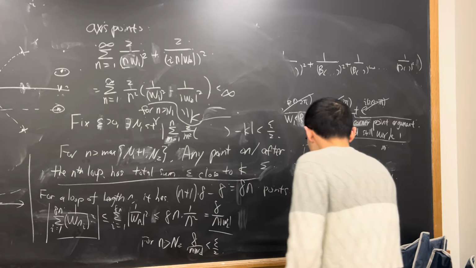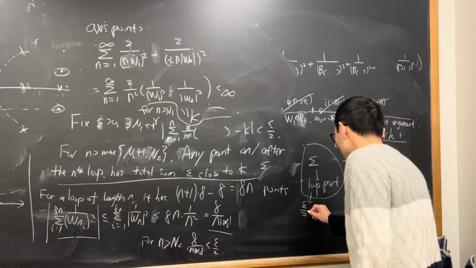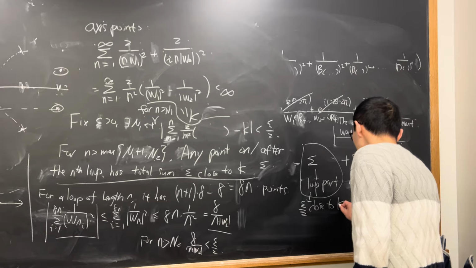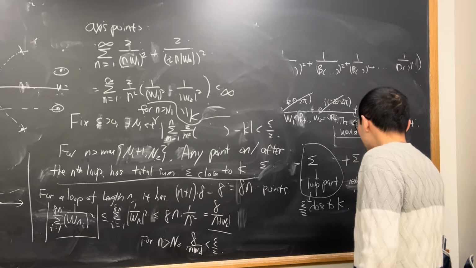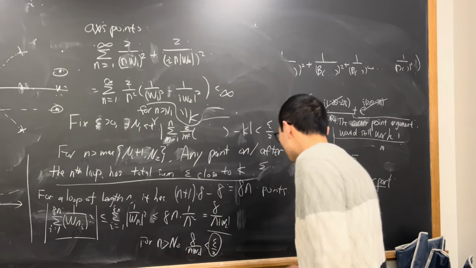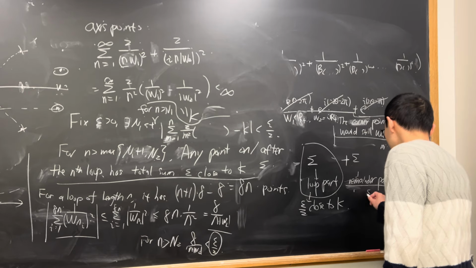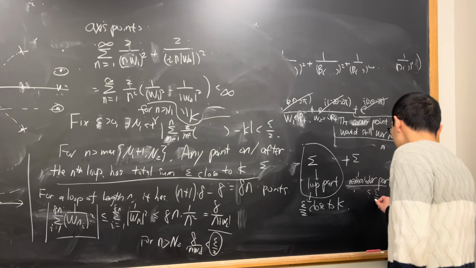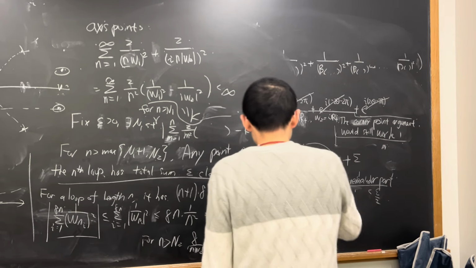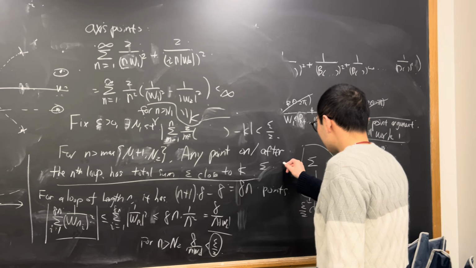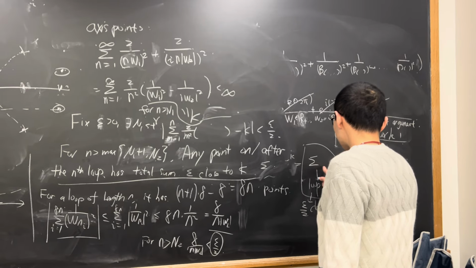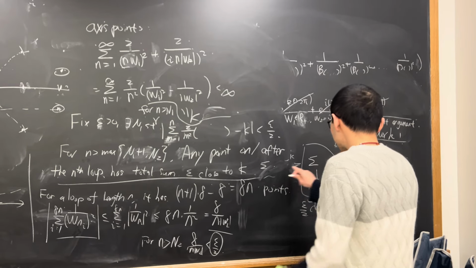epsilon over 2 close to k. And then the remaining part is small, just less than epsilon over 2. Therefore, this whole sum minus k is equal to the loop sum minus k plus the remaining part, because the sum is equal to this plus that.